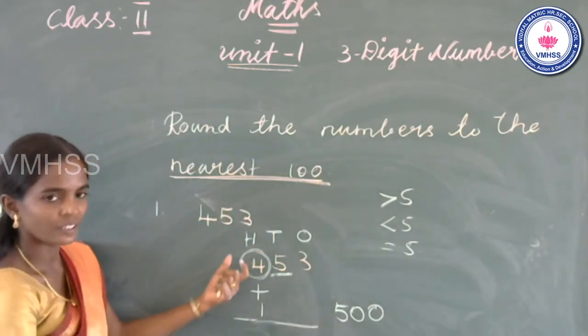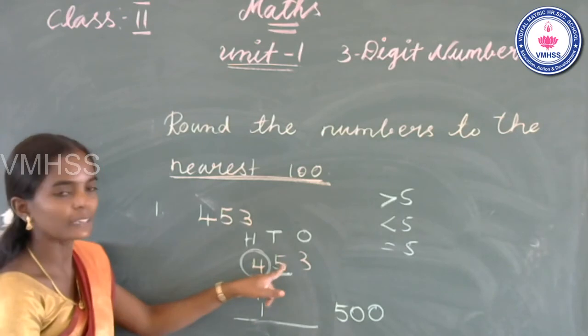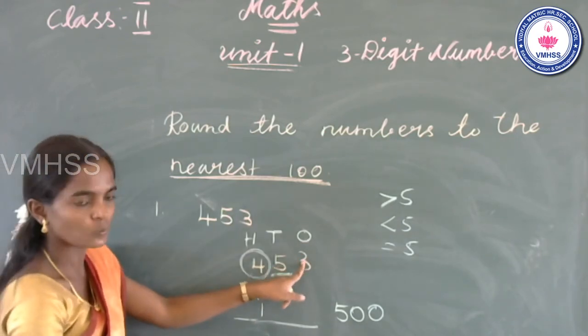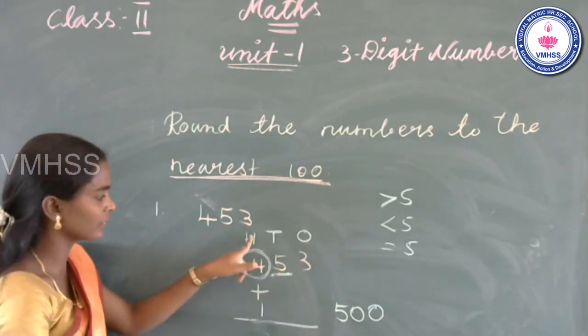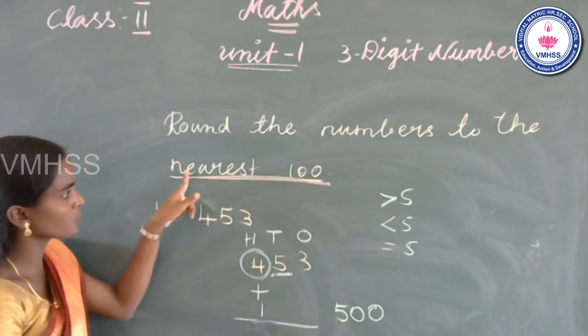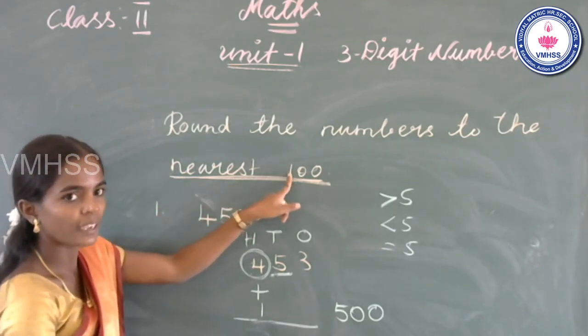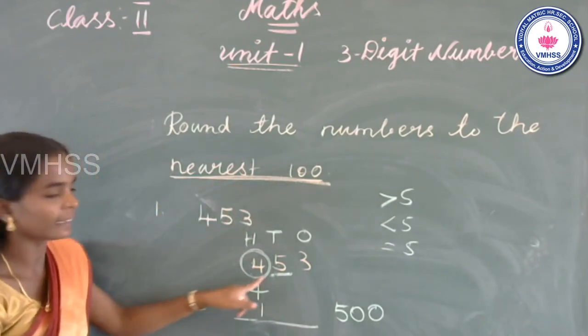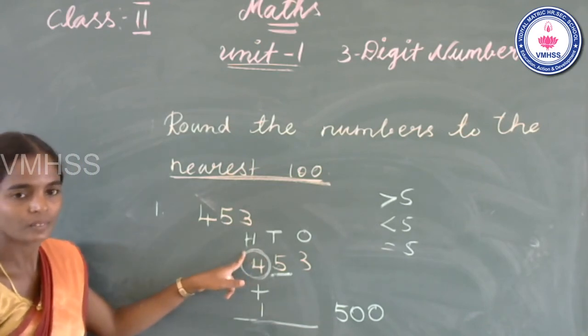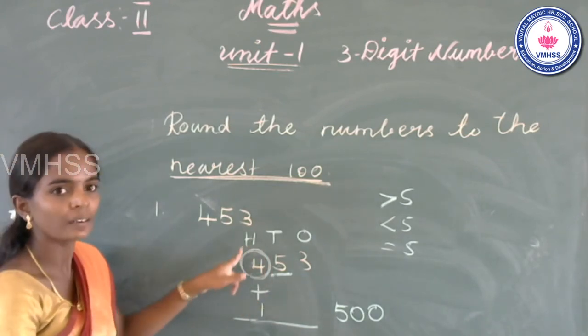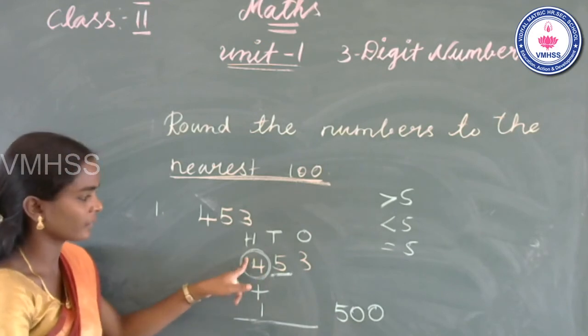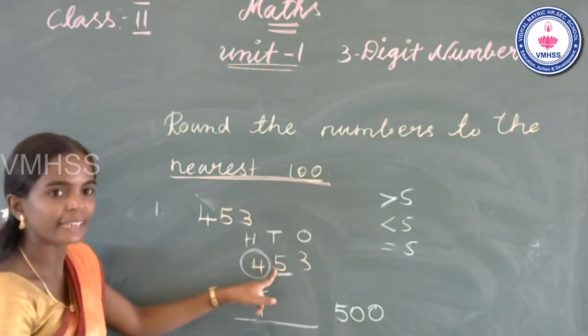Children, listen. 453. The first place is ones, the second place tens, the third place hundreds. This goes to nearest 100. So we circle the 100 place number, 4. Next we look at the tens place number.